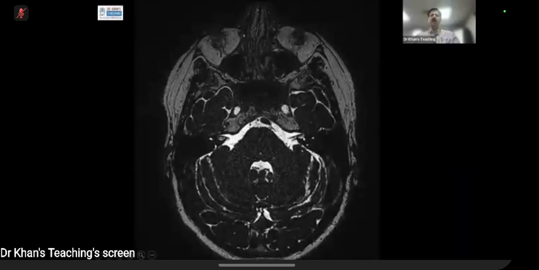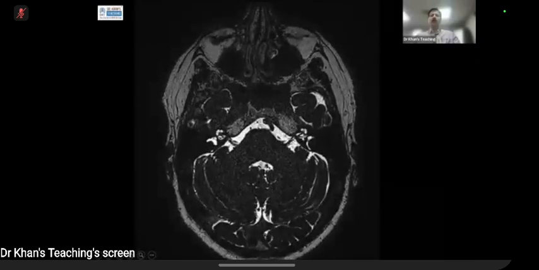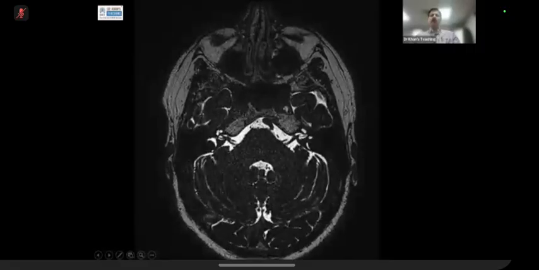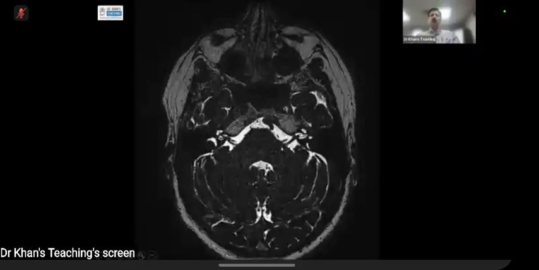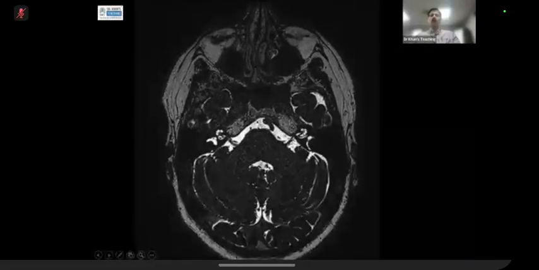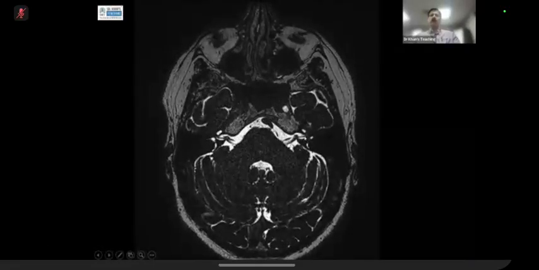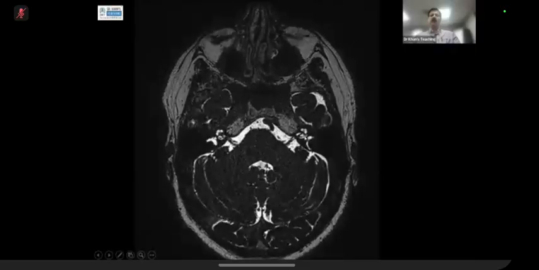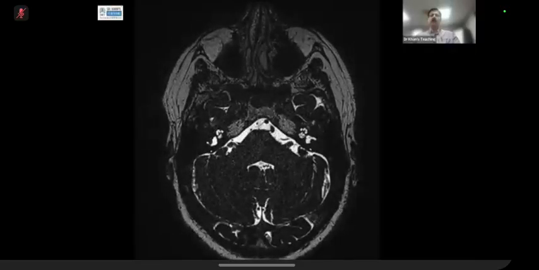But they join together and make a thicker nerve here, and then it goes into the pons. So this is the vestibulocochlear nerve, which divides into a cochlear component and two vestibular nerves, superior and inferior vestibular.